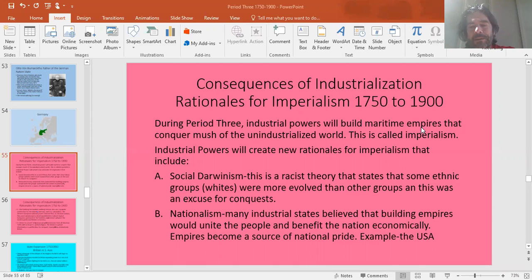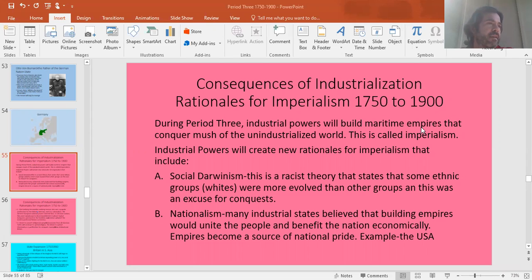So we are still in the middle of period 3, which is 1750 to 1900. Now, in this period, like all of our 3 periods so far, there are 2 major themes. We have finished the first theme, which was revolutions.